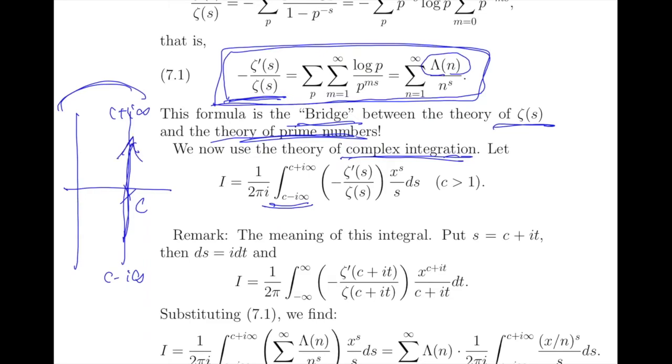That means, if you are not familiar with complex integration, you can understand that when s is on this line, s can be written as C plus it. So if we insert this expression of C plus it in this form, you can find this is just a usual integration on the real line, but includes i equals square root of minus 1.